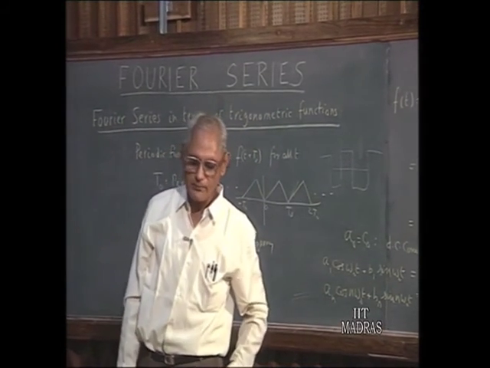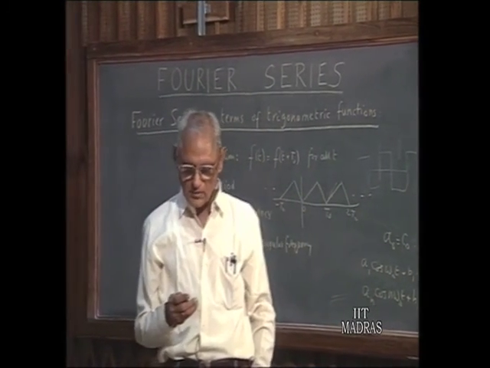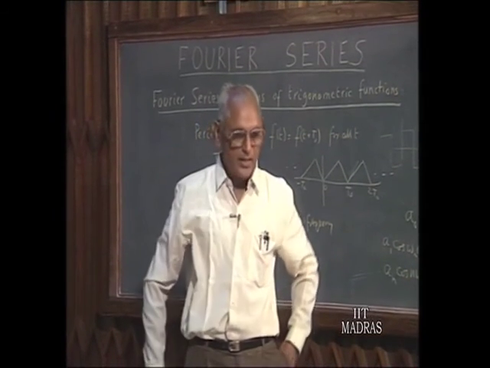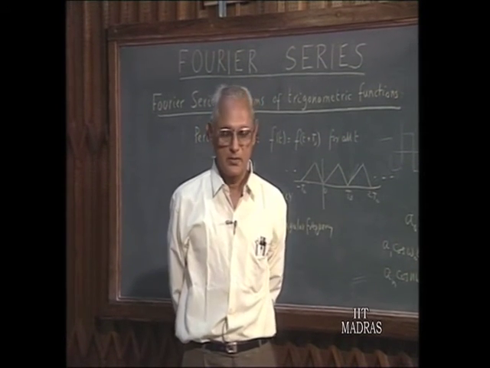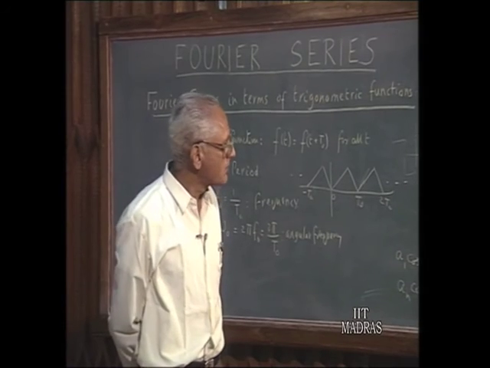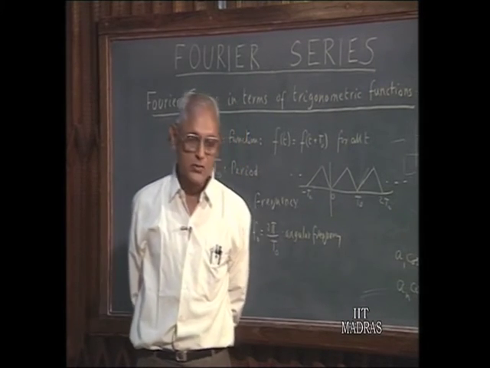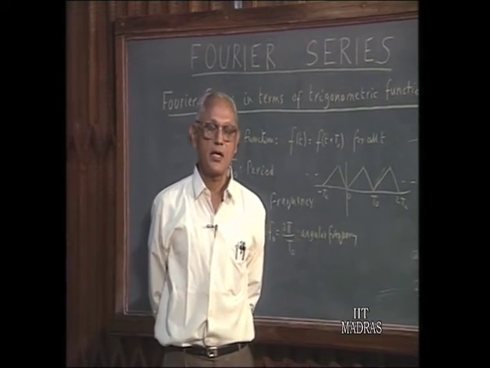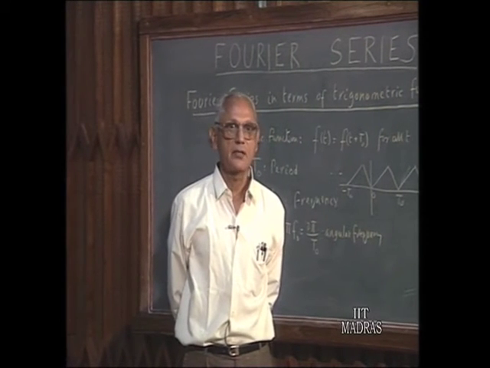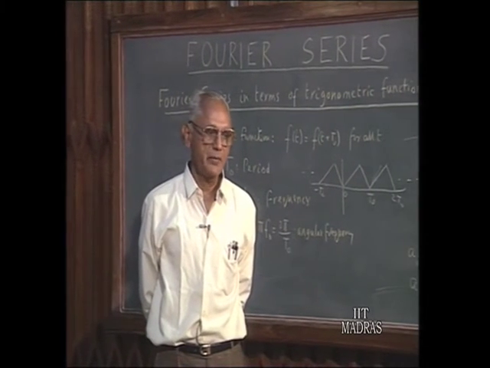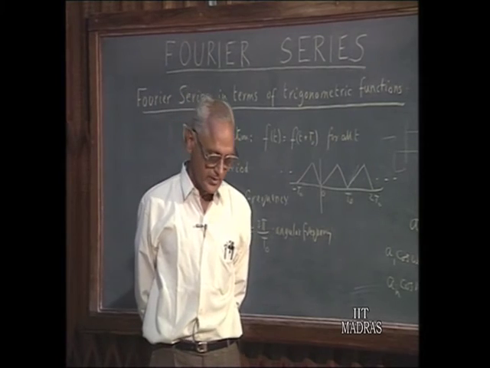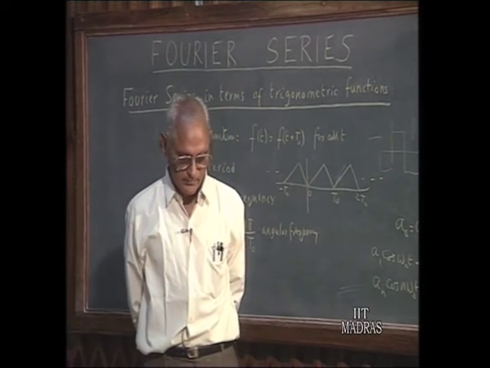So this is the problem which had to be resolved, and because of this, when Fourier submitted a paper based upon his work, apparently it could not be accepted in a scientific journal because one very eminent mathematician who was a referee seriously objected to it.